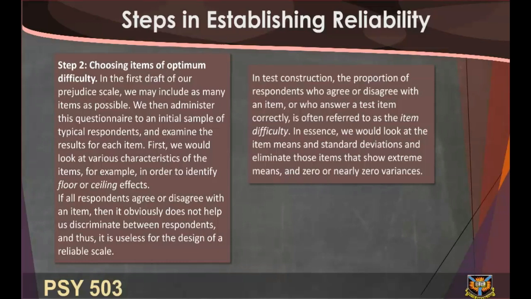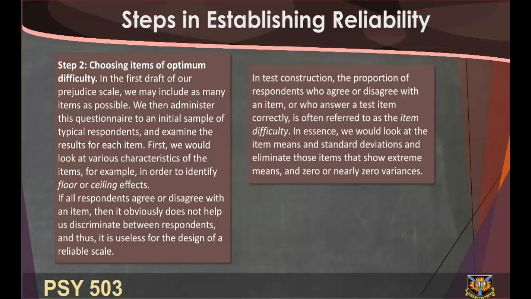First, we would look at various characteristics of the items, for example, in order to identify floor or ceiling effects. If all respondents agree or disagree with an item, then it obviously does not help us discriminate between respondents, and thus it is useless for the design of a reliable scale.